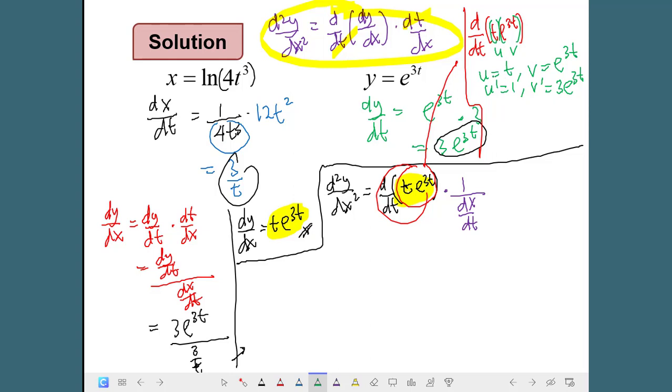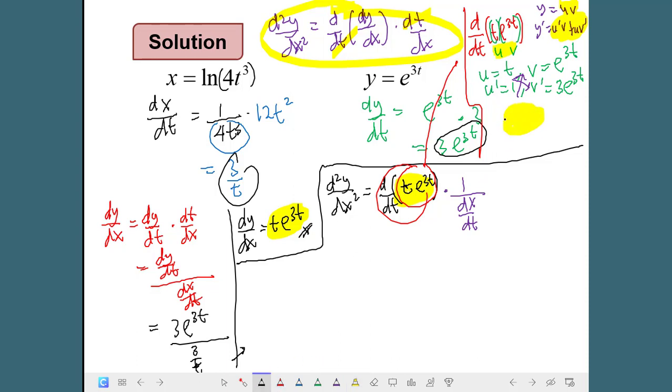For u equals t, differentiating u with respect to t gives du/dt equals dt/dt equals 1. Next, you apply the product rule: y equals uv, y prime equals u prime v plus u v prime.